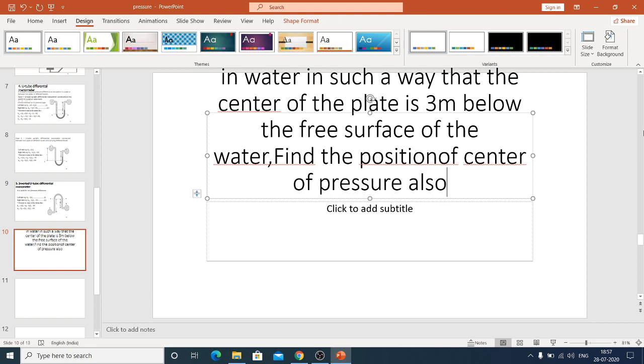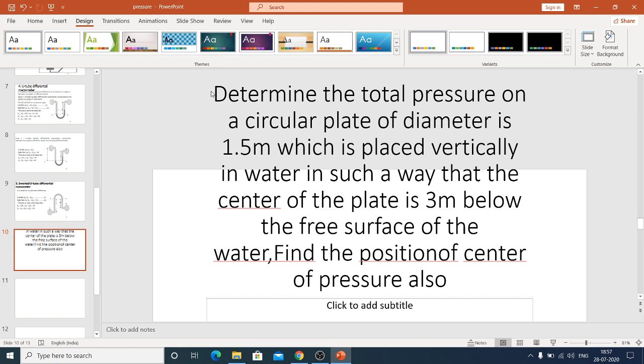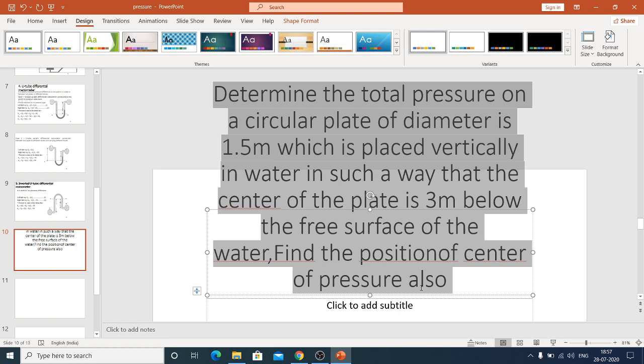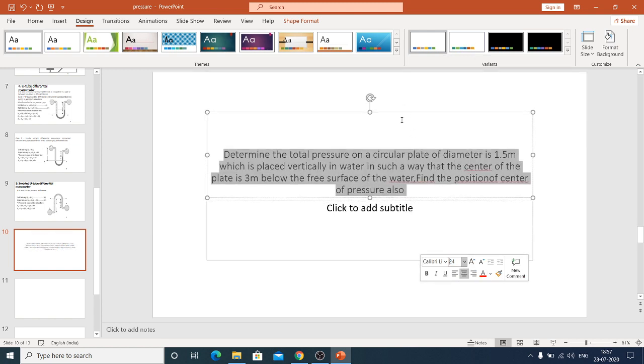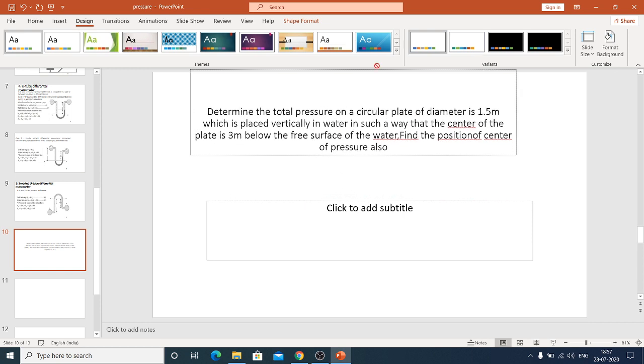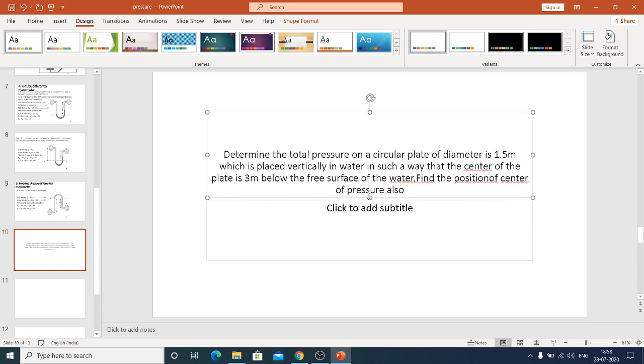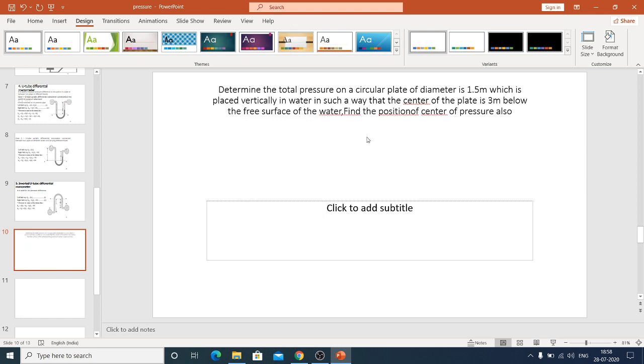For this, you should find out the center of the pressure and the total pressure. Okay, here I am showing this problem. Determine the total pressure on a circular plate of diameter 1.5 meters, placed vertically in water such that the center of plate is 3 meters below the free surface of the water.